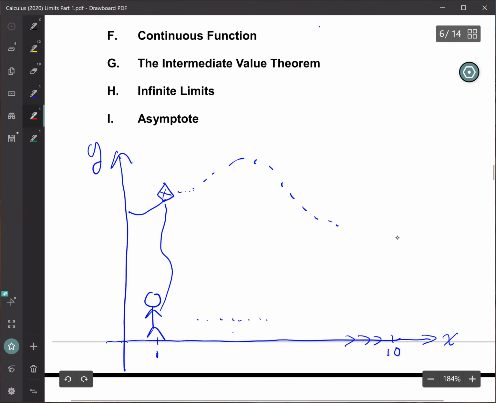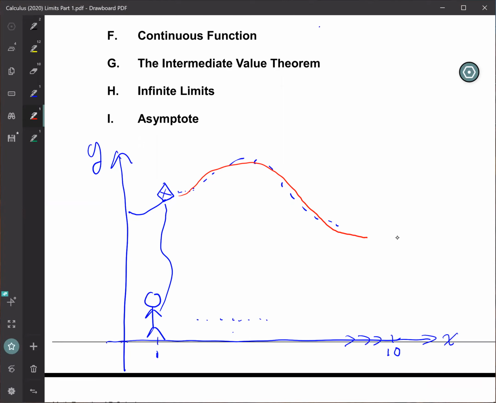The question we'll be asking is, where will the kite go? The kite will keep on flying, so think of the path of the kite like a function f of x, y equals f of x. For every value of x, you get a different height.